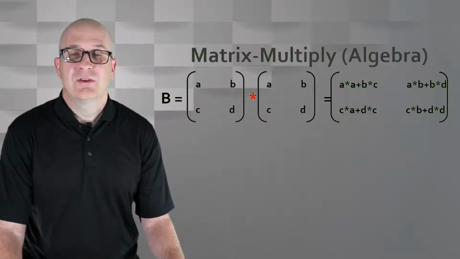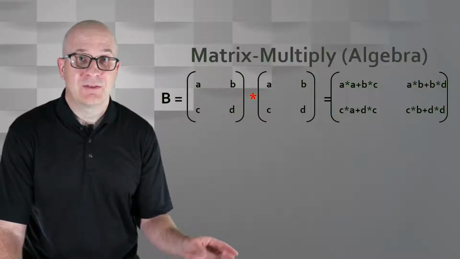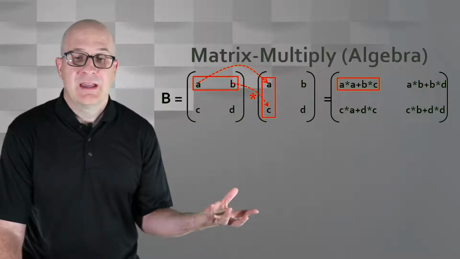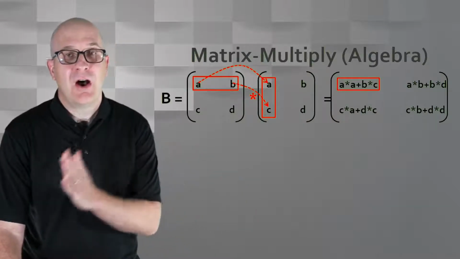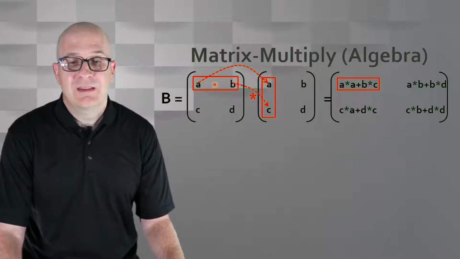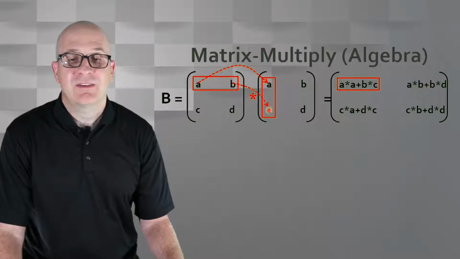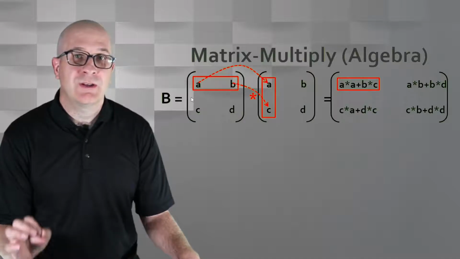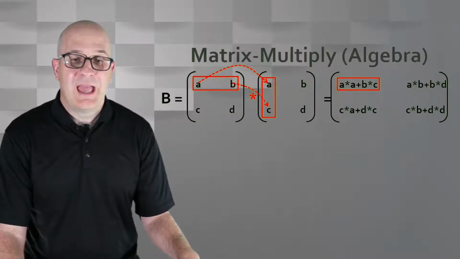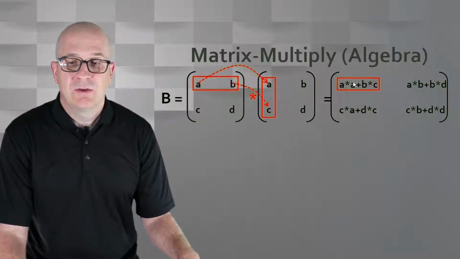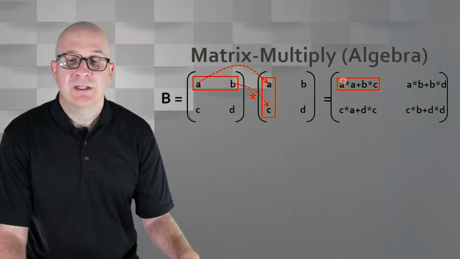So what I'm going to do is I'm just going to go through how this happens. What we do is we take the first row of A and we multiply it by the first column of the second A matrix. So let's just walk through that. We take this first row, which has an A and a B in it, and we multiply it by this A and C. And we don't just multiply it, we actually do what's called a dot product. So we take A over here, and we multiply it by the A to get this A multiplied by A over here.